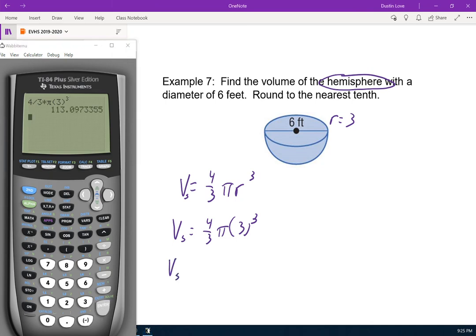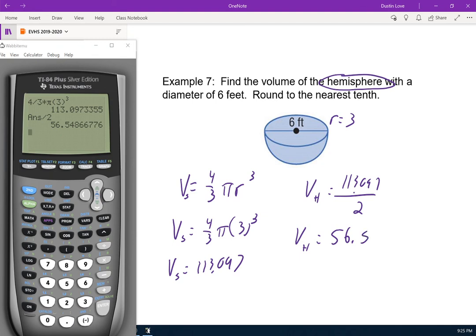So the volume of the sphere is 113.097. Now the volume of the hemisphere is just half of that. 113.097 divided by 2. So I'm just going to hit divided by 2 there, and that gives me 56.5 feet cubed.